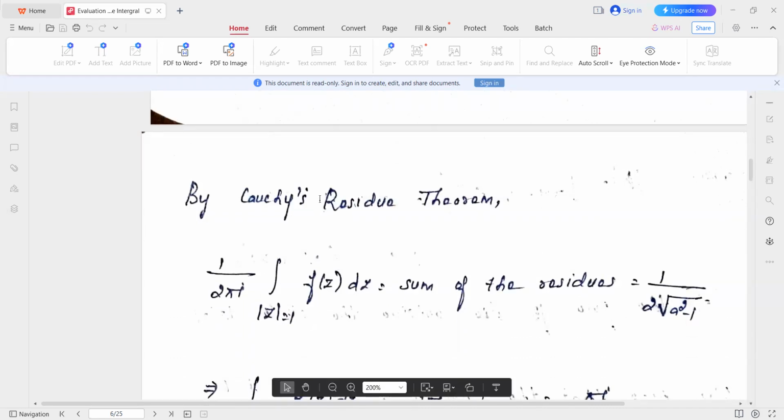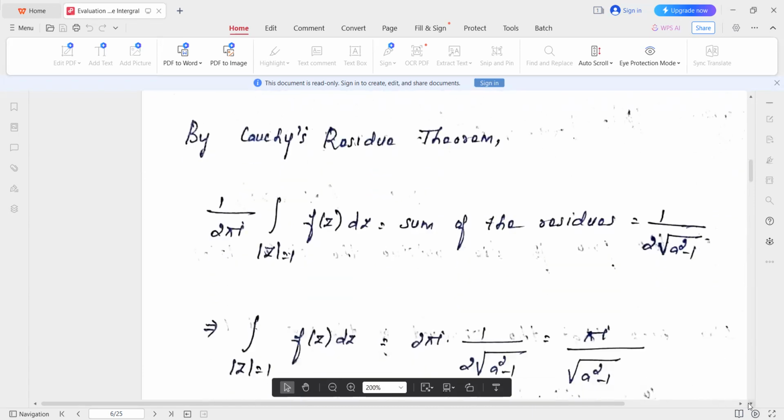So now we are going to apply Cauchy's residue theorem. What is Cauchy's residue theorem? 1 by 2 pi i integral over mod z equal to 1 of f of z. And here we have the region as mod z equal to 1. In general, the integral over the region C of f of z dz is equal to the sum of the residues. Here we have only one pole alpha. So the residue at alpha is 1 by 2 into square root of a square minus 1.